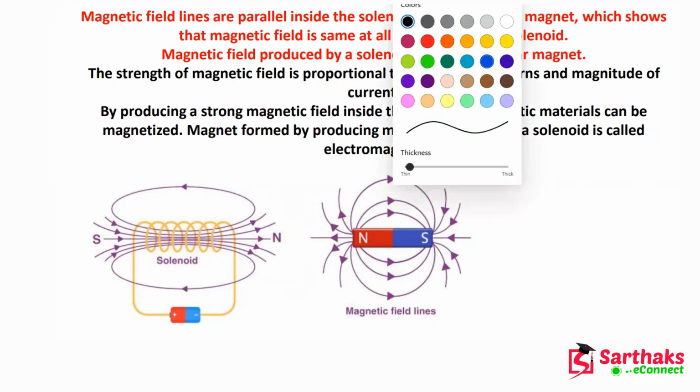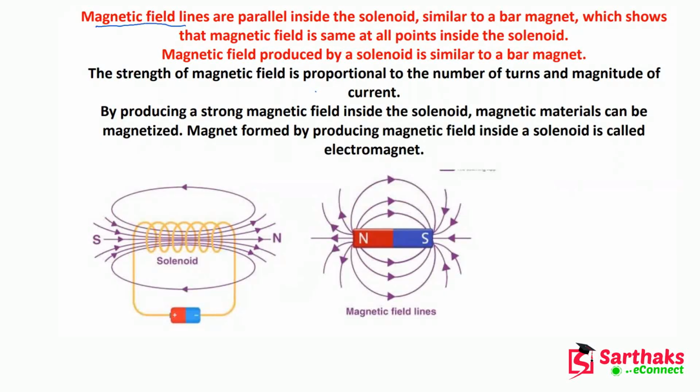So basically, the magnetic field lines are parallel inside the solenoid. If you look inside the solenoid, you can observe that the magnetic field lines are parallel, because in the case of a circular loop, the magnetic field lines at the center appear parallel. In a solenoid, we have simply added lots of turns.